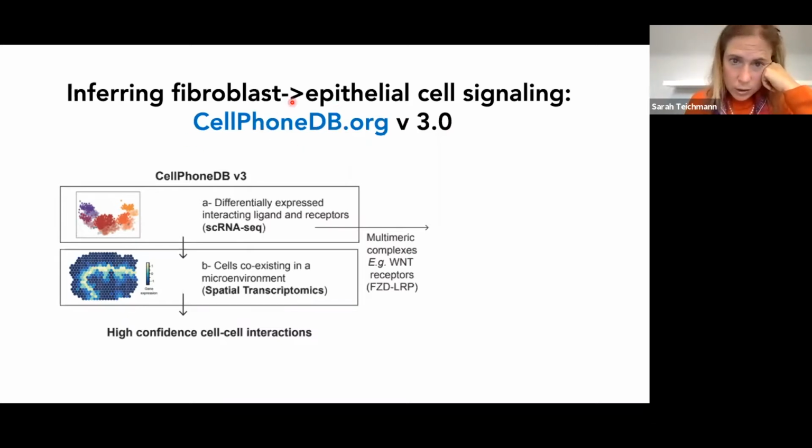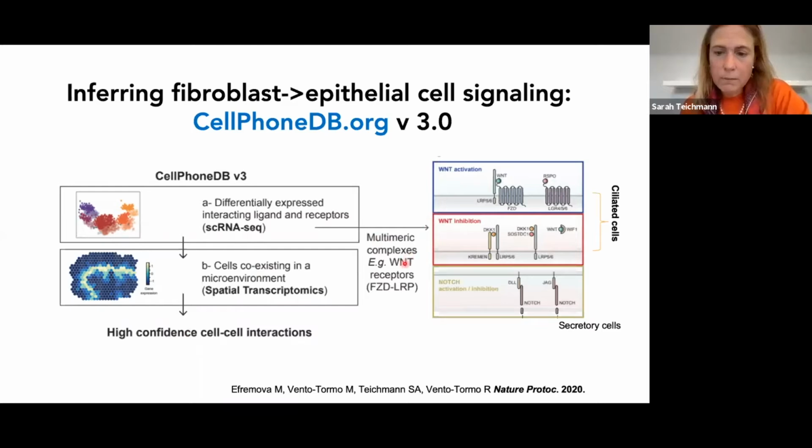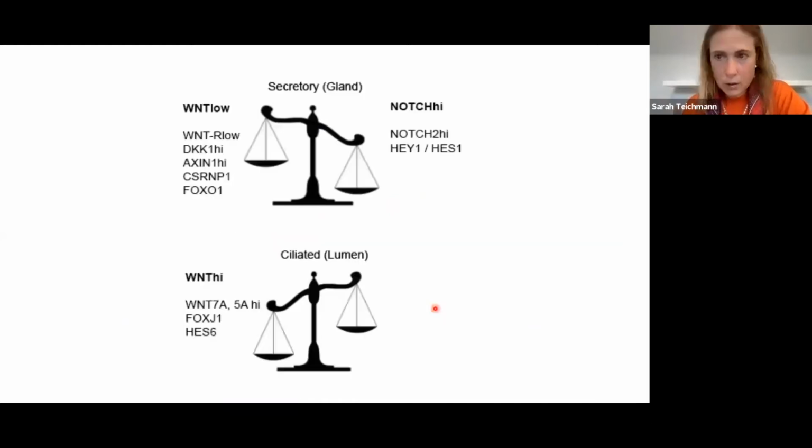Luz Garcia Alonso extended this statistical framework to identify not only the differentially expressed ligands and receptors on complementary cell states, but also whether they are in close proximity in the same microenvironment in the spatial transcriptomics chip, using those different pieces of information to infer high-confidence cell-cell interactions. That gives us the clue that there are multimeric complexes receiving Wnt signals, either activation or inhibition, and Notch signals from the different fibroblast populations.